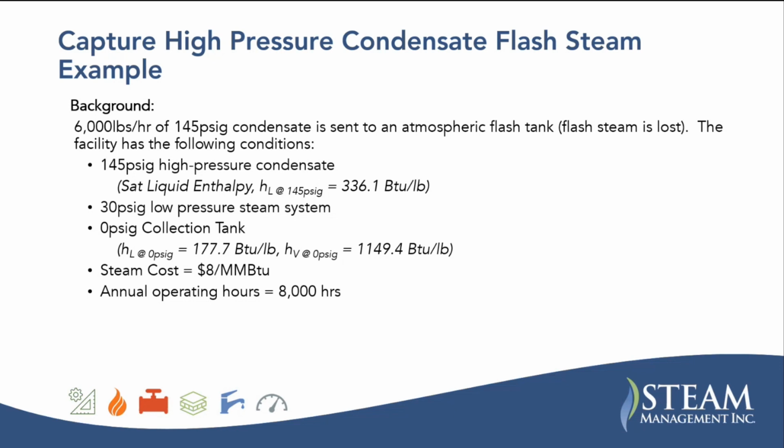There's a 30 pound low pressure steam system, and the atmospheric condensate has a liquid enthalpy of 177.7 BTUs per pound and a vapor enthalpy of 1149.4 BTUs per pound. We have a steam cost of $8 per million BTU and annual operating hours of 8,000 hours.